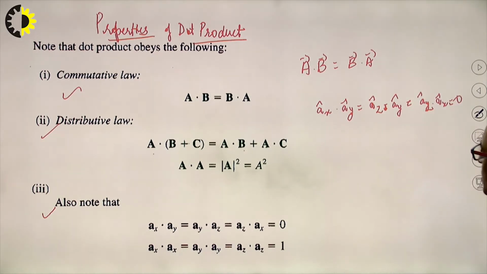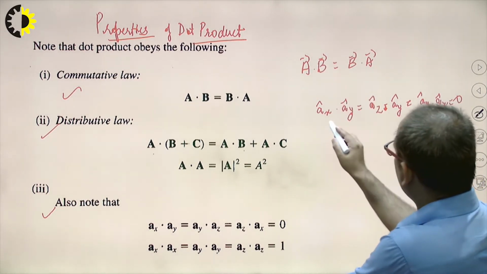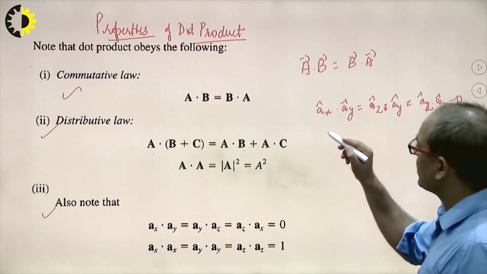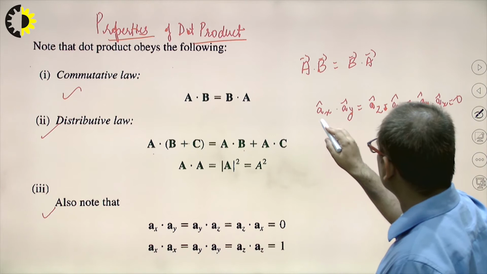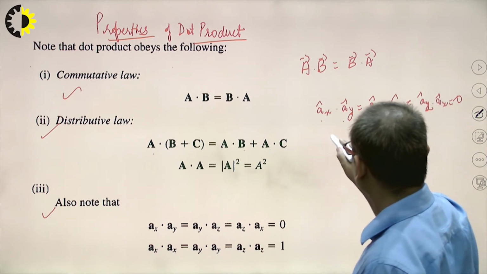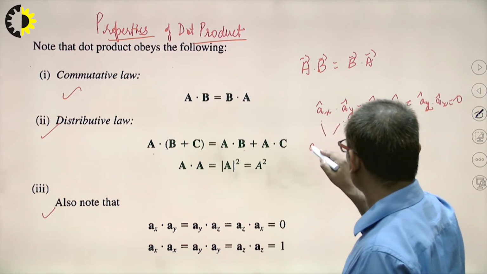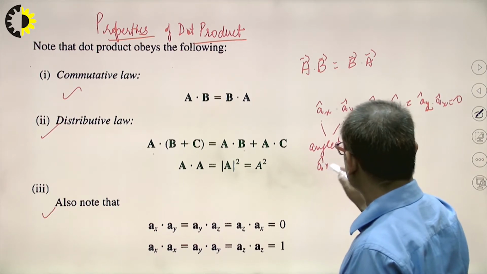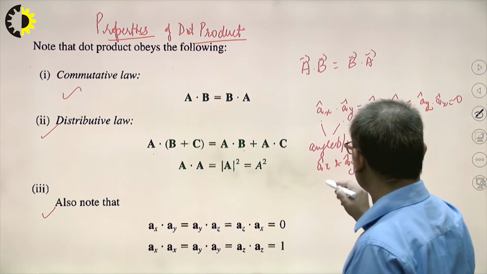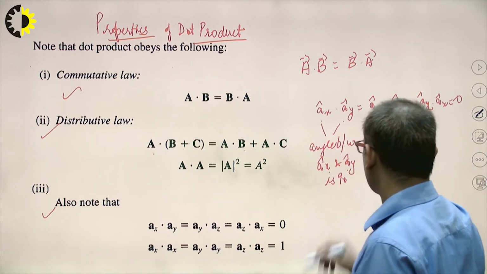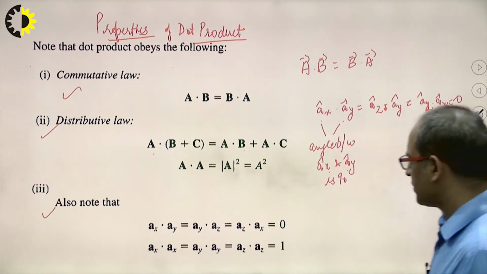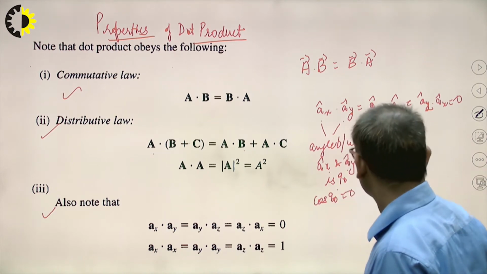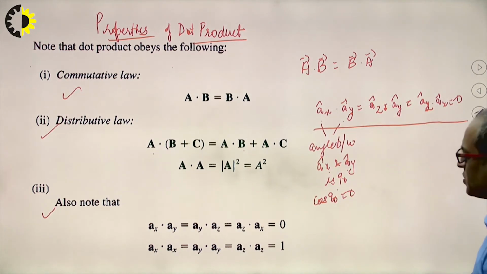Why? Because if I want to take the dot product of these two unit vectors, the angle between these two vectors a cap x and a cap y is 90 degrees, and cos 90 degrees is 0. That's why it all becomes 0.